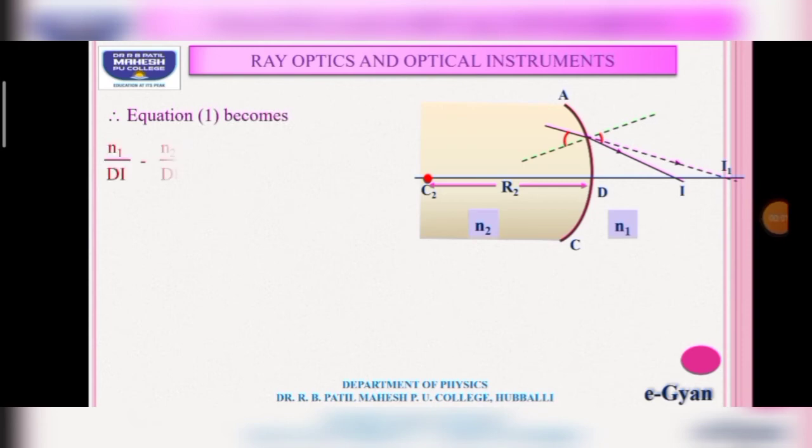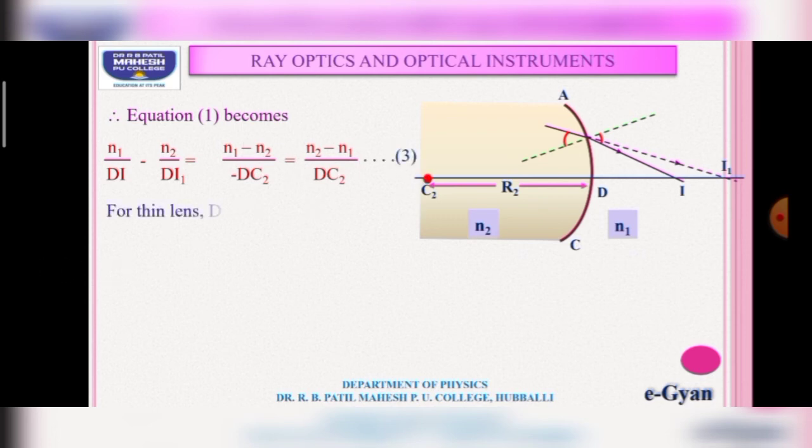Equation 1 becomes N1 divided by DI minus N2 divided by DI1 is equal to N1 minus N2 divided by minus DC2. That is equal to N2 minus N1 divided by DC2. See here what I did, I multiplied and divided by minus, and doing that I got this term.